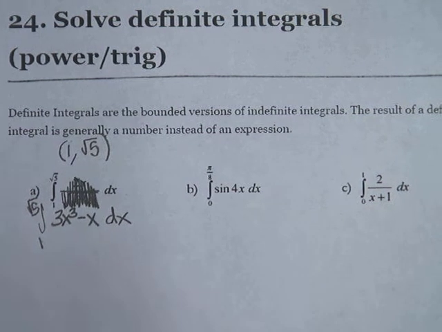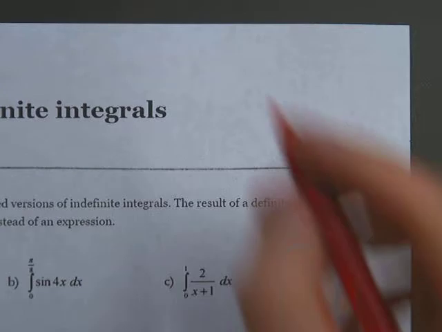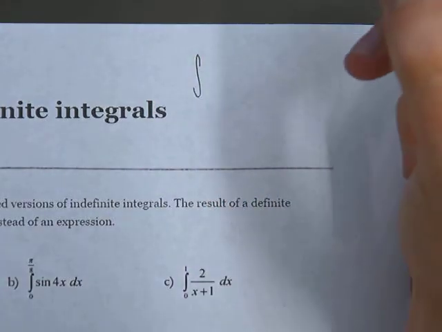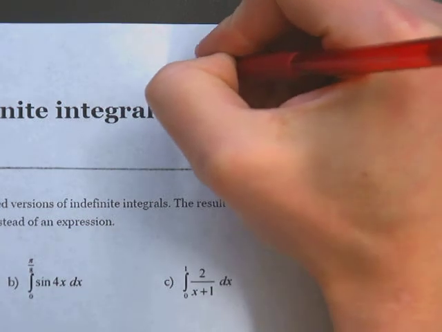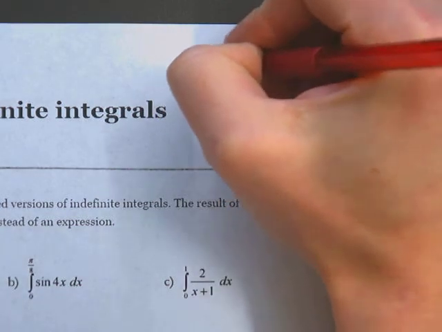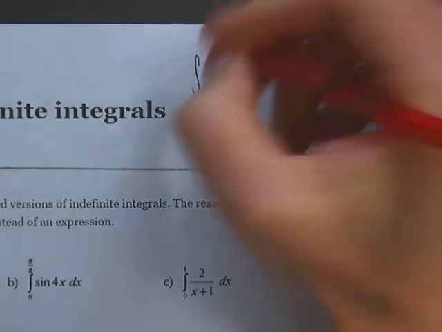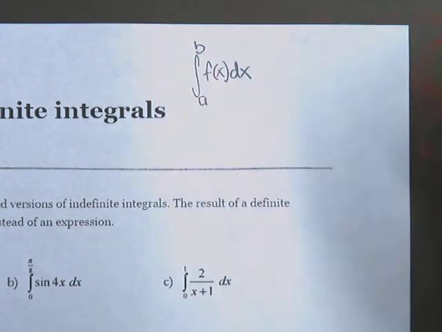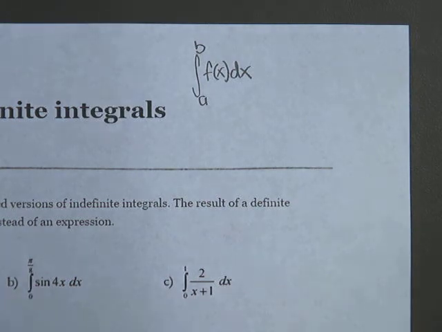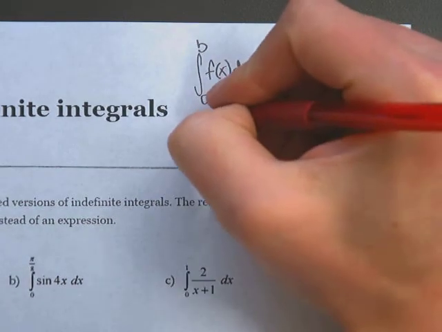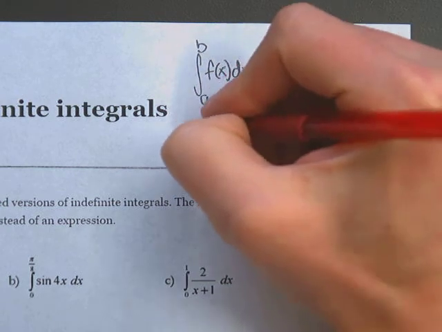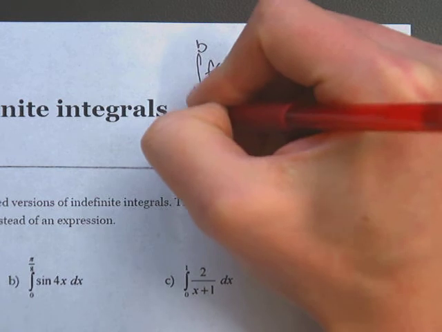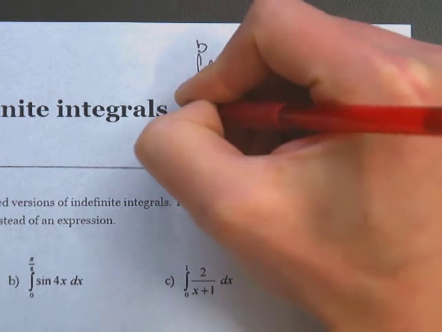How we do these in general is, if we take the integral of some function, f of x dx is generally how we write the function, from a to b, our answer is just going to be: we take the antiderivative of f, which I'll call big F of x, and we plug in the bounds, which are a and b.